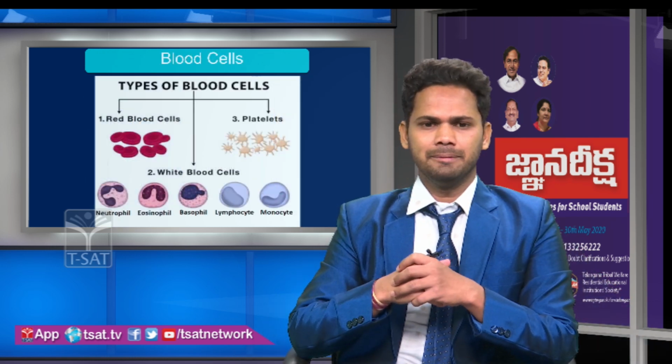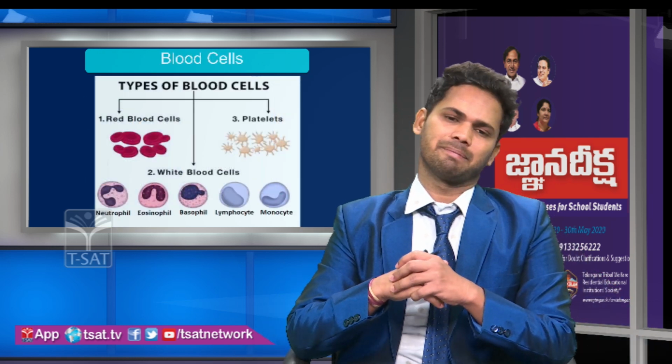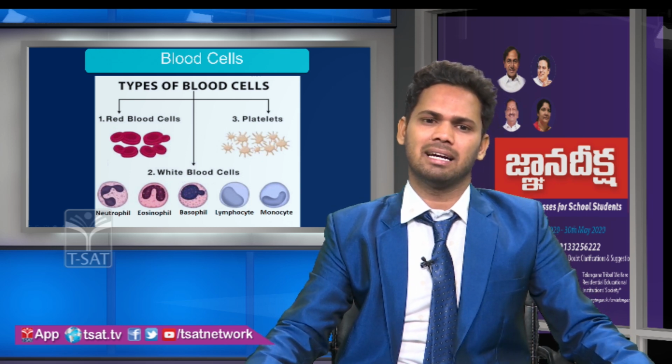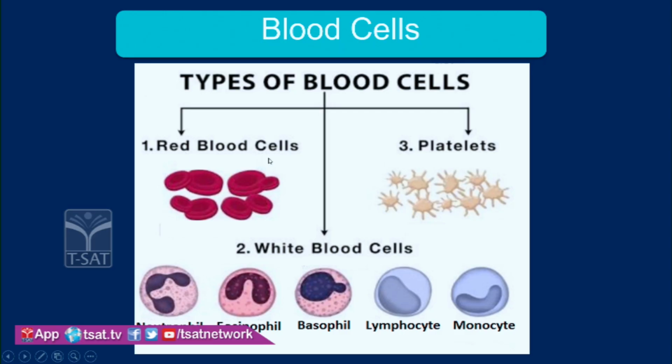The first type, RBC, red blood cells, are red in color due to a pigment hemoglobin. They are more in number. At the same time, red blood cells are involved in the process called transportation. They transport all the substances. Red blood cells are also called erythrocytes.